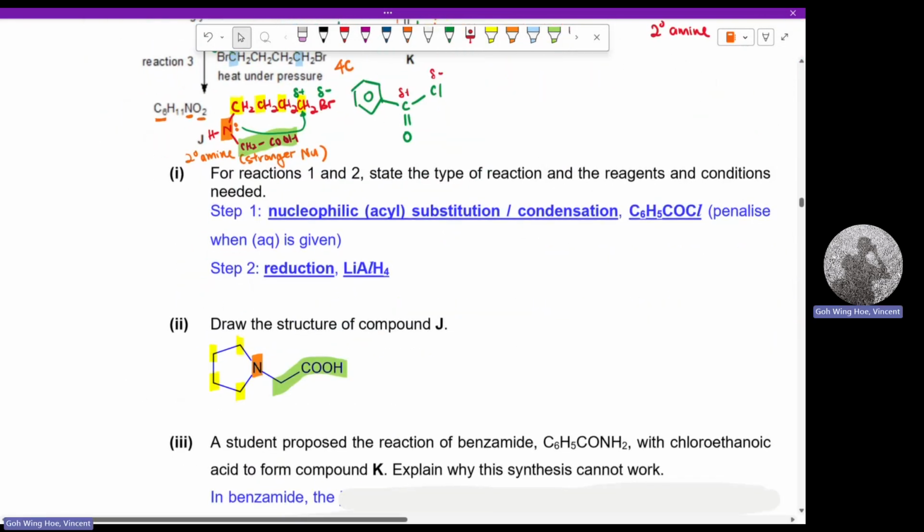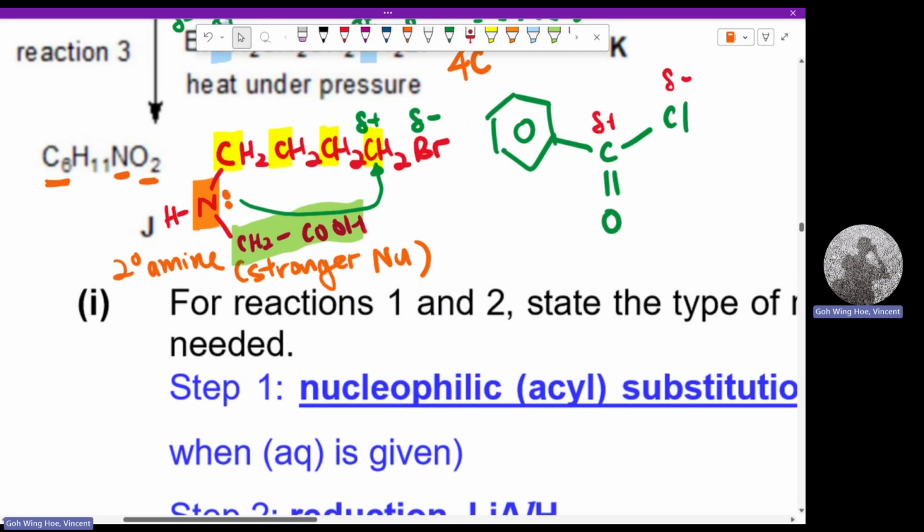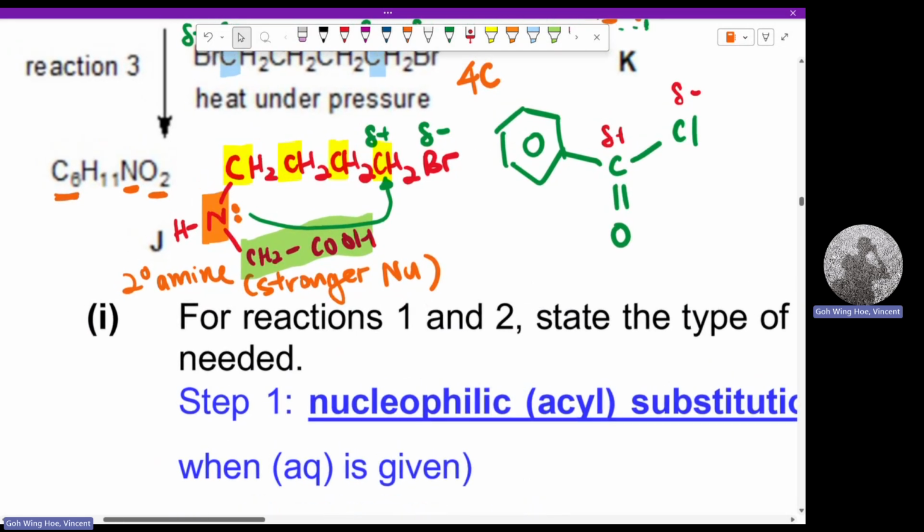So those of you who actually drew only the straight chain intermediate shown on the screen here, that will be a wrong answer. You can actually verify this by checking the molecular formula given by the question for J, right?